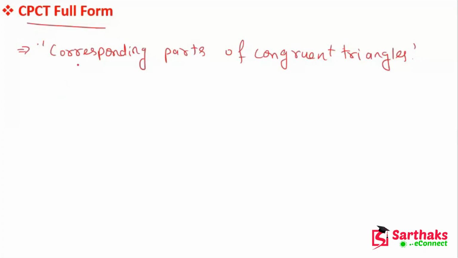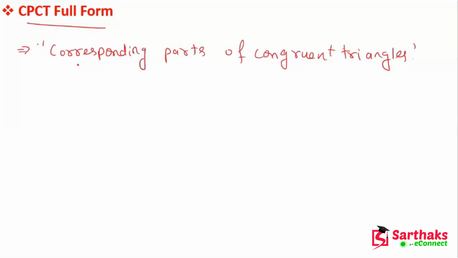CPCT is a term we come across when we learn about congruent triangles. So we know that the corresponding parts of congruent triangles are always equal.